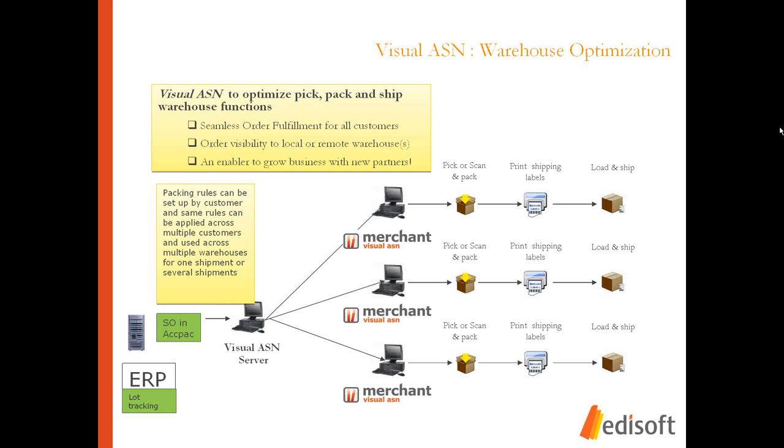Now, to provide greater detail on Visual ASN, one of the things I will drill into is specifically key features of Visual ASN. One is the ability to link multiple orders together into one shipment so that they are processed and shipped together. Two, visual representations of items, cartons, pallets, and the steps taking place to create the necessary packing structure.